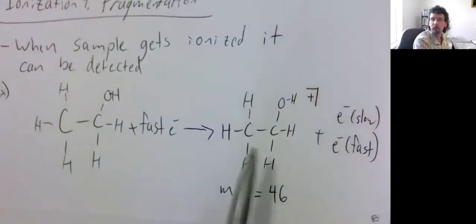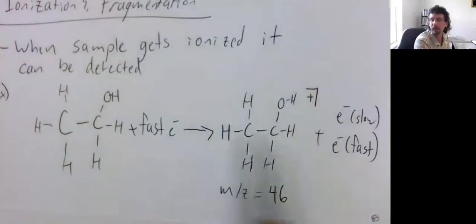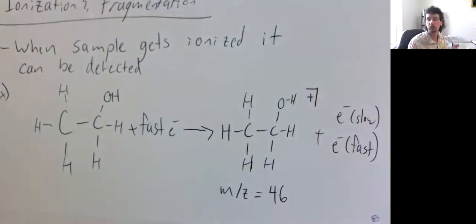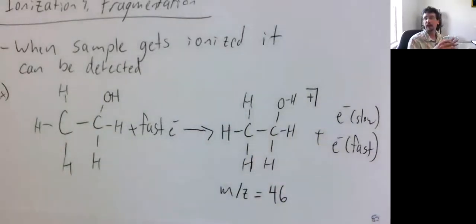So where do we get this number from? Well, we look at each individual isotope for each individual atom and we sum them up. Generally, we look at the most common isotope. So in this case, for hydrogen, it would be H1 rather than, let's say, deuterium, where you have one proton and one neutron in the nucleus, or tritium, where you would have one proton and two neutrons in the nucleus.